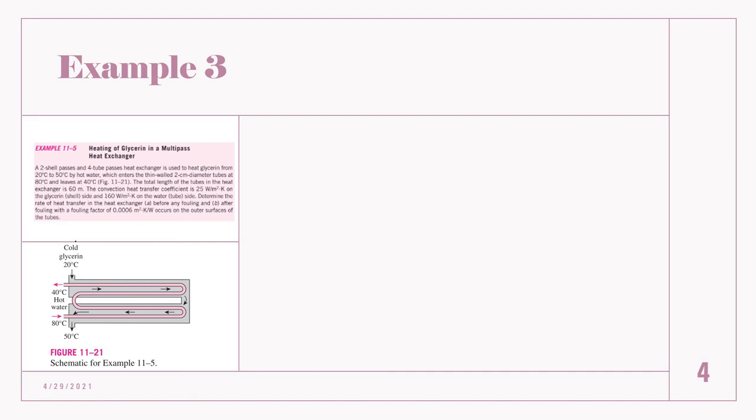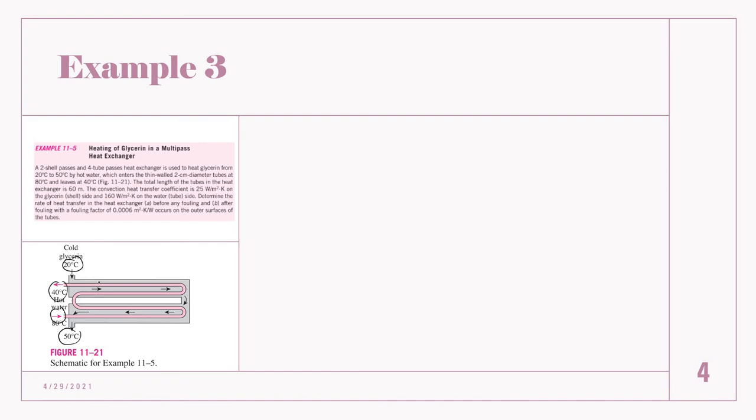So basically, for the shell part, the cold glycerin enters with 20 degrees Celsius and leaves the shell at 50 degrees Celsius, and for the tube part, we have hot water from 80 degrees Celsius to 40 degrees Celsius.